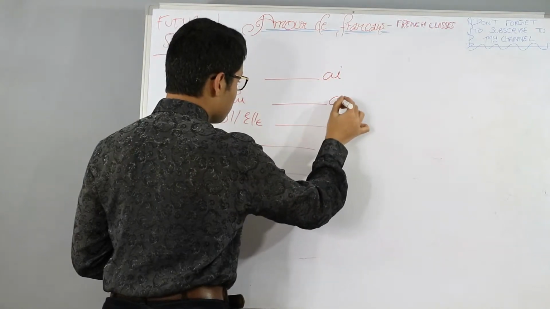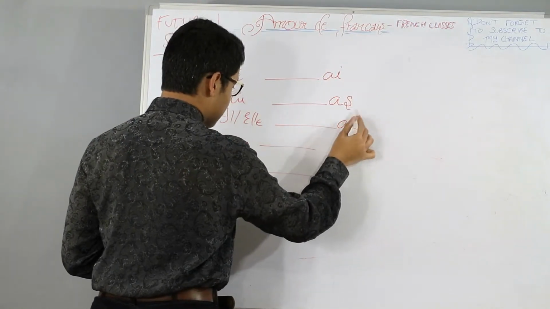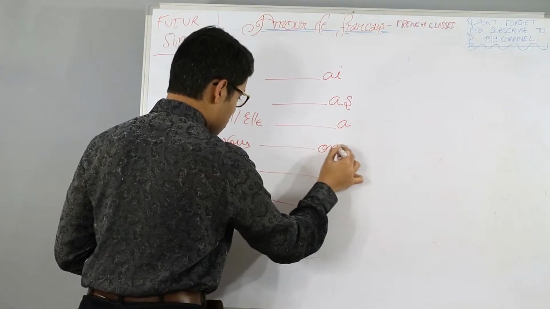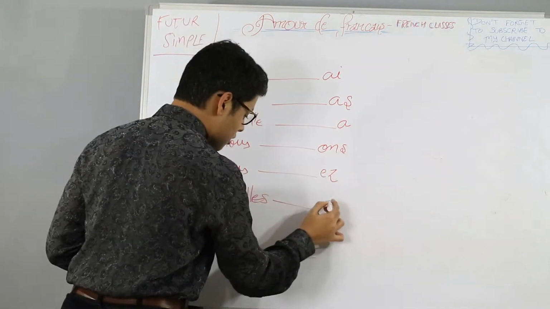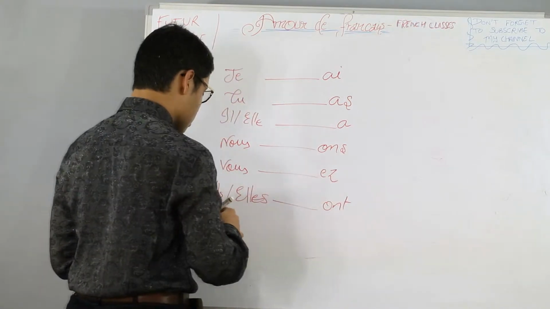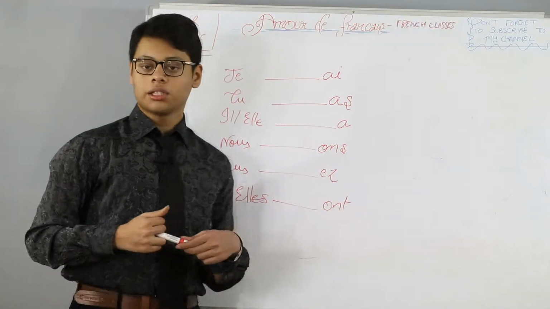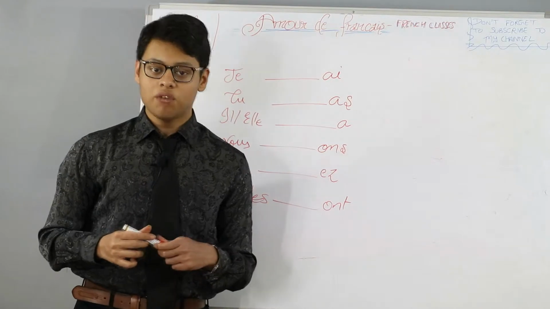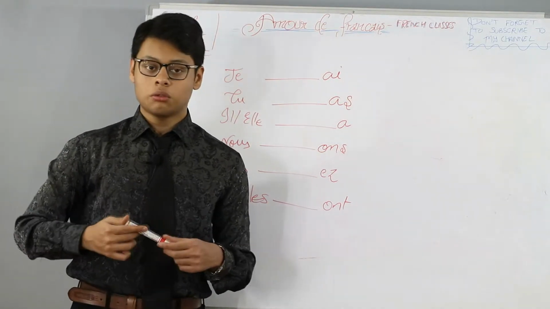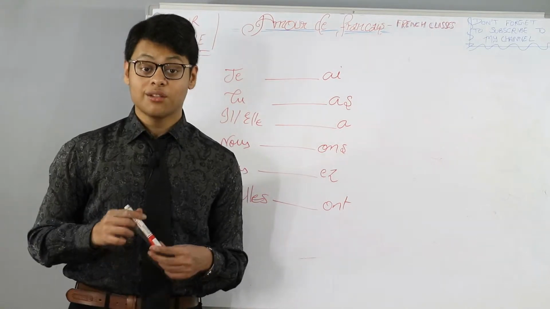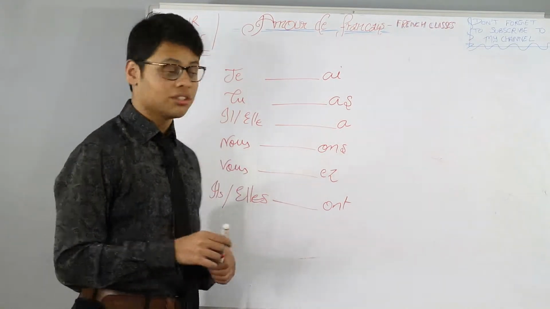ai, as, a, ons, ez, ont. It's quite similar to the present tense conjugation of the verb avoir, which means to have. If you haven't watched the video with the conjugation of avoir, do watch it. The links are in the description.